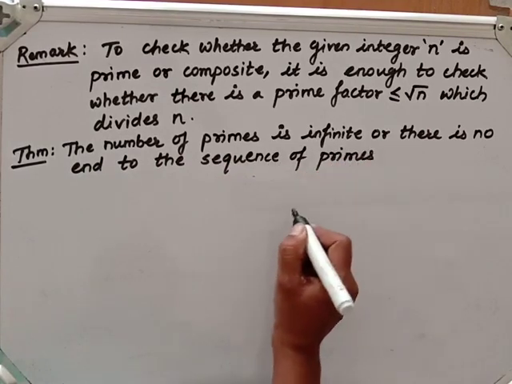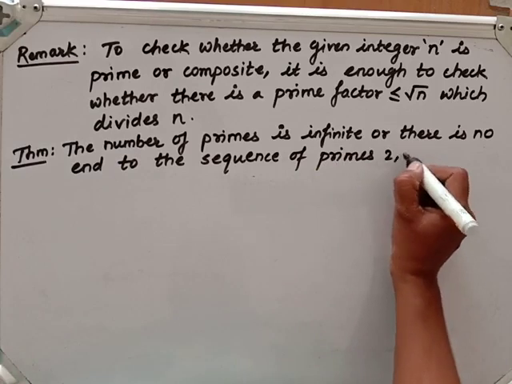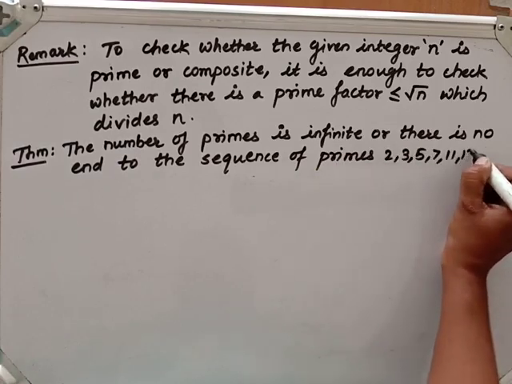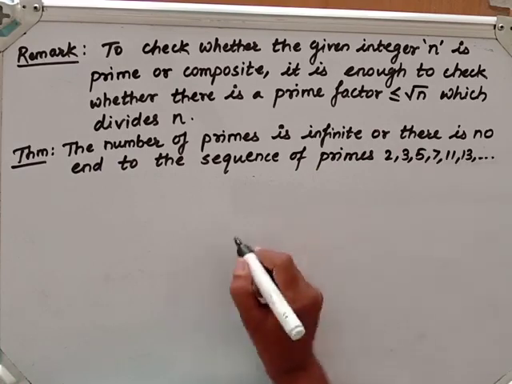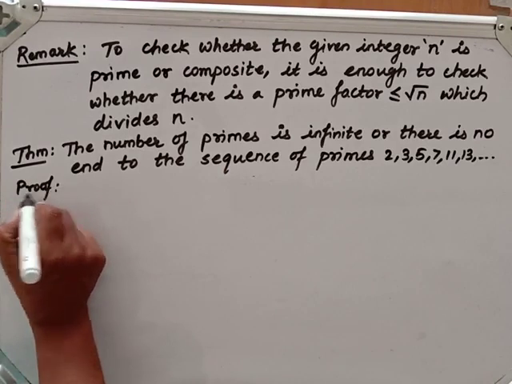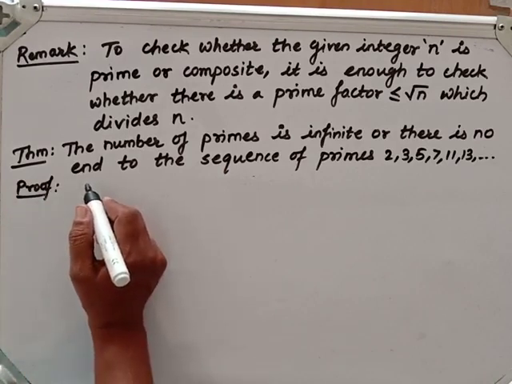There is no end to the sequence of primes that are 2, 3, 5, 7, 11, 13 and so on. Fine. Now the proof of this one. Let us see the proof.